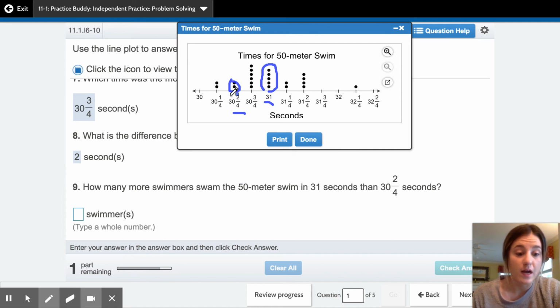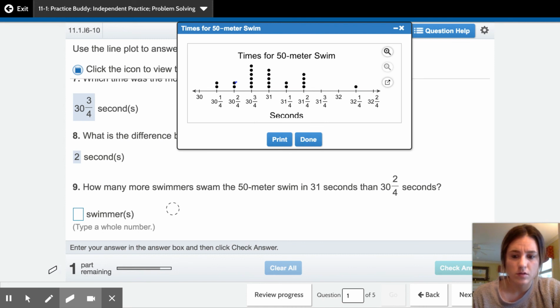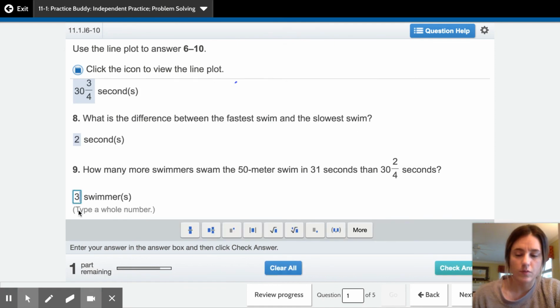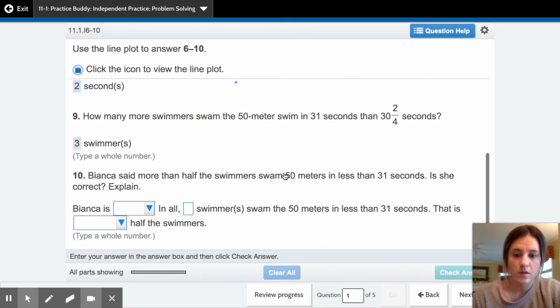I'm sorry, 2 dots. So 5 minus 2 is 3. So 3 more people ran it in 31 seconds. So 3 swimmers. Check. Nice.